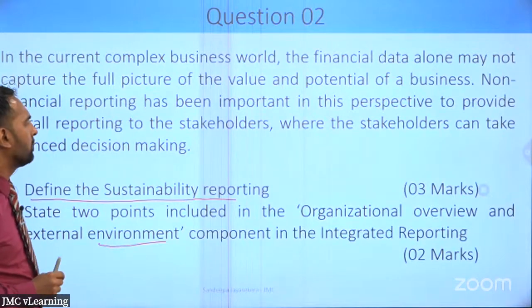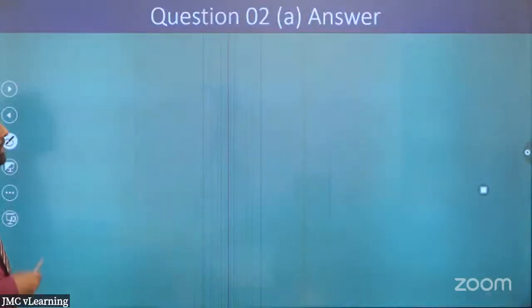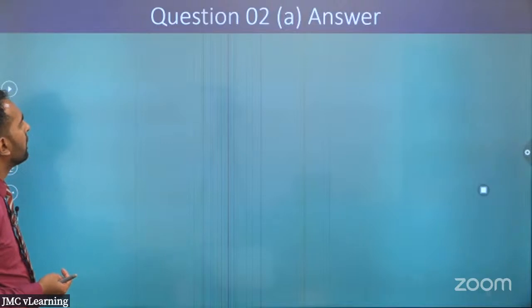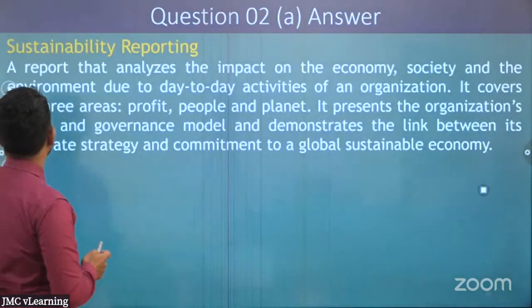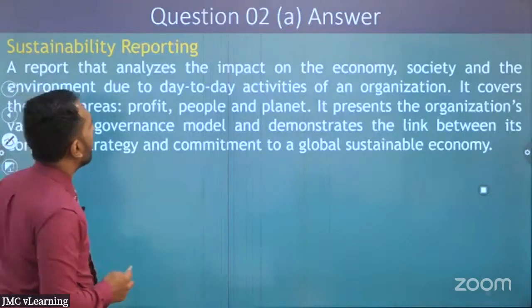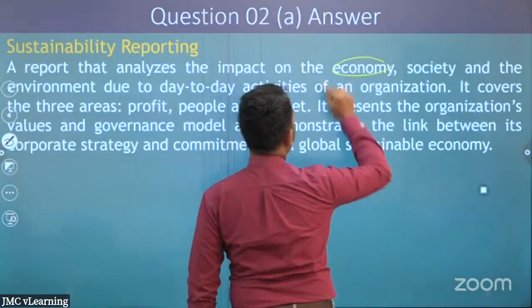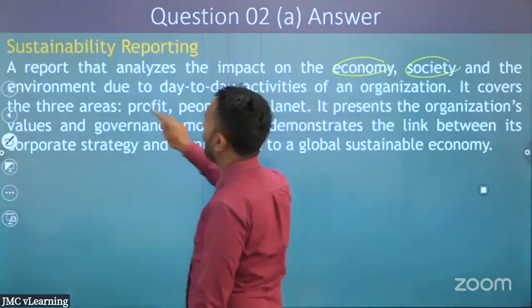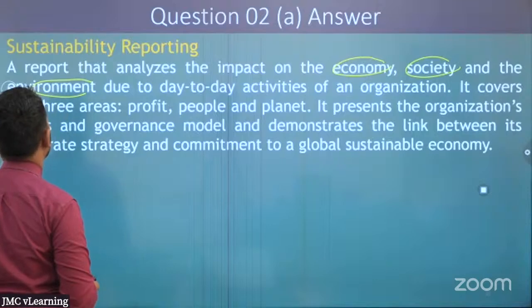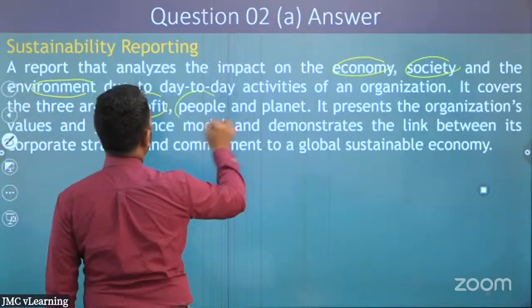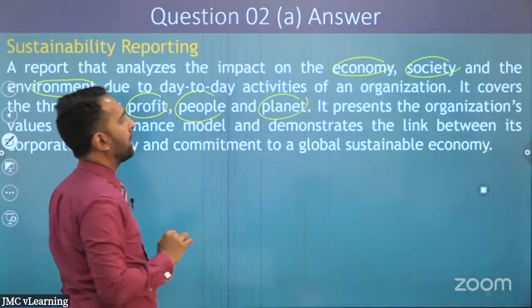We'll start with the first part. Sustainability reporting, I explained. Let me show you the answer. Sustainability reporting is a report that analyzes the impact on the economy, society, and the environment due to day-to-day activities of an organization. It covers the profit, the people, and the planet.